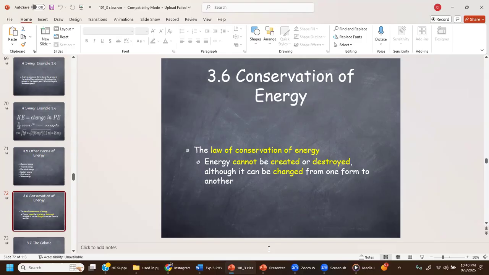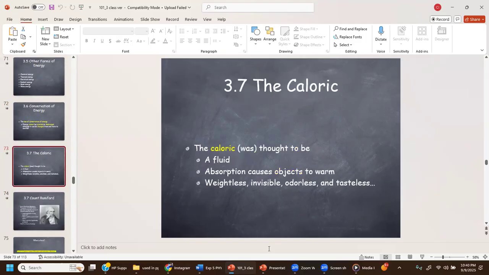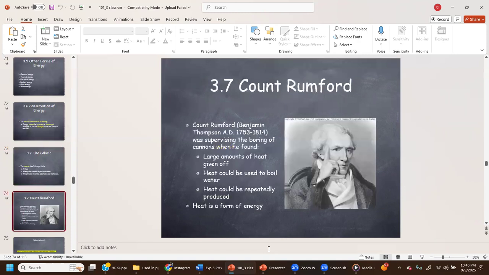Now, one of the things we want to talk about is the caloric, which was thought to be a fluid or substance causing an object to warm. Count Rumford, who died in 1814, was looking at the boring of cannons, and he decided to form an experiment where he put them underwater.